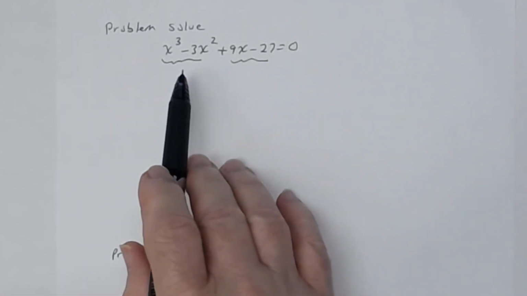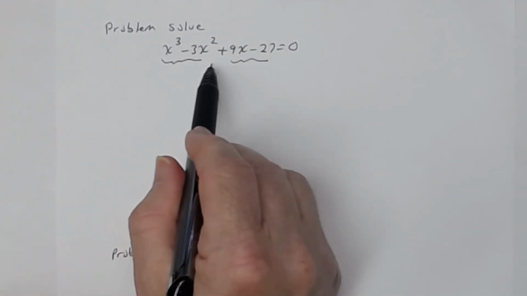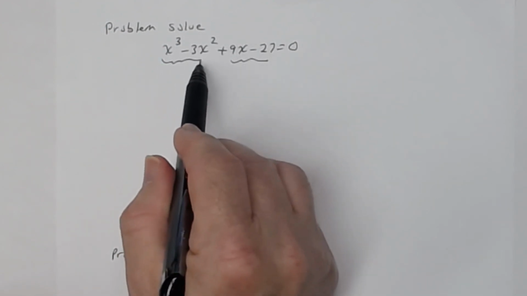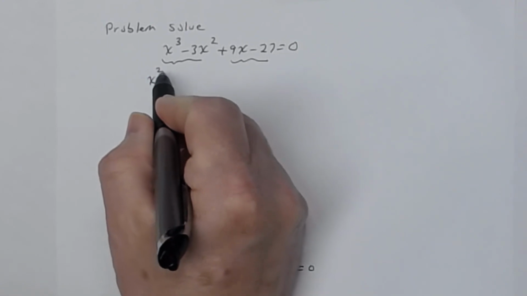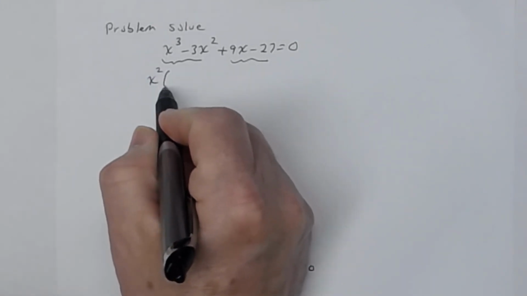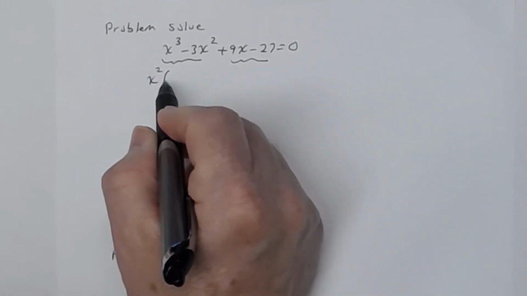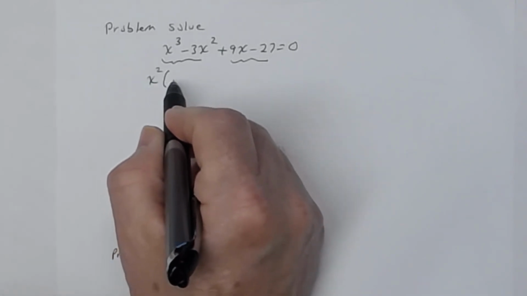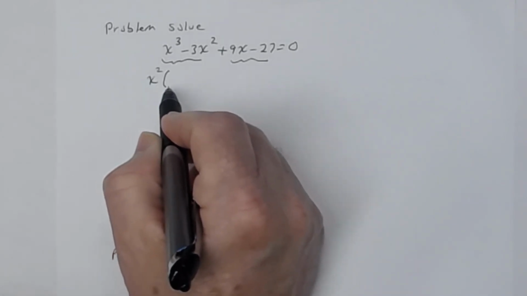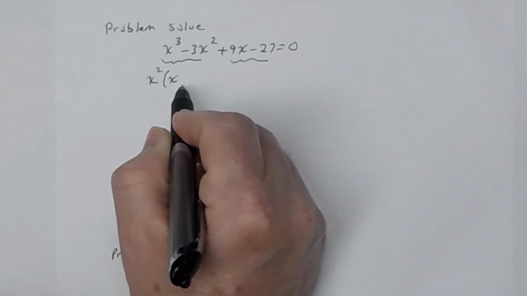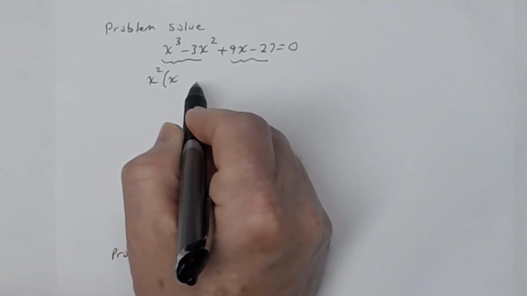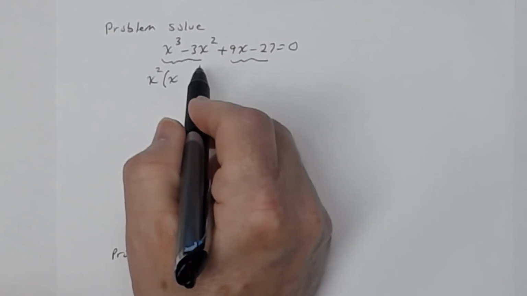So if we go back to this one, notice that in the first group, the greatest common factor is x squared. So I'm going to go ahead and factor out an x squared. And so when you do that, you're going to get x squared times, and then using the distributive property, x squared times what is going to be x cubed? That will be x. And then x squared times what term is going to be a negative 3x squared?